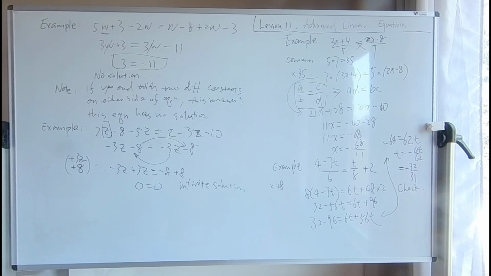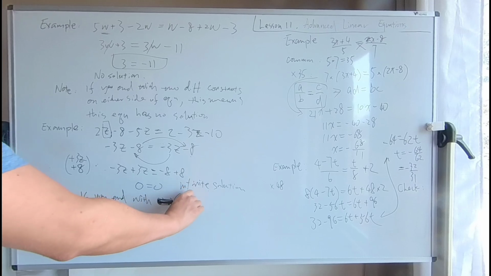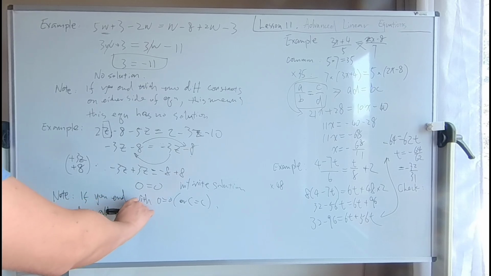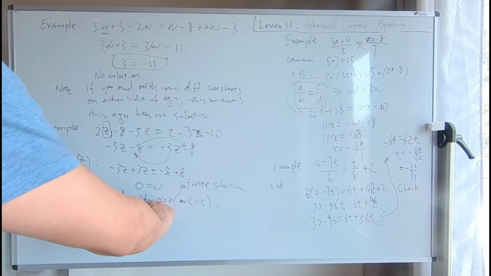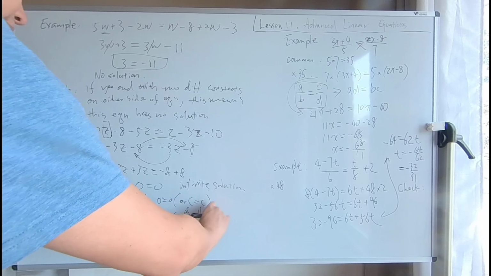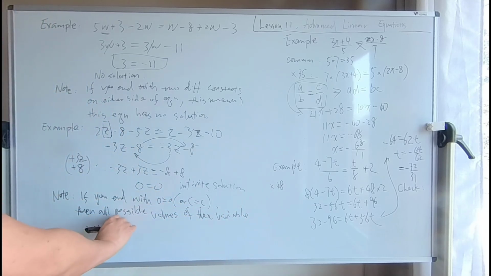So this means if you now end up with 0 equal to 0, or a constant equal to a constant, then this means all possible values of the variable are solutions to this equation.